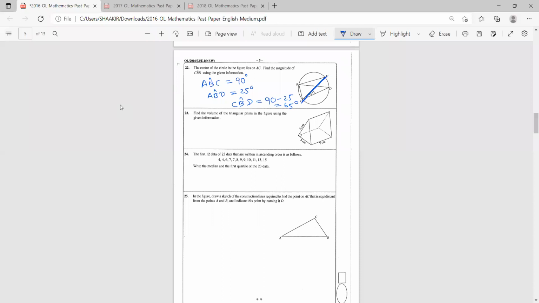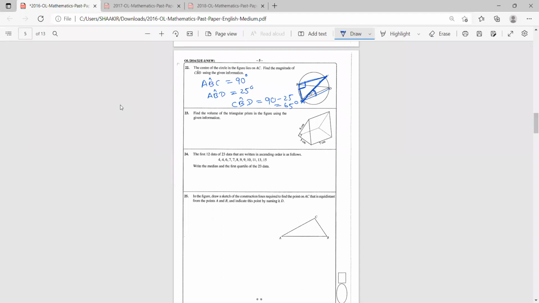Now, you have studied in the theorem that angles in a semicircle are right angles. So here I can say this angle is equal to a right angle, which means 90 degrees. Now here, children, they have given this angle as 25.